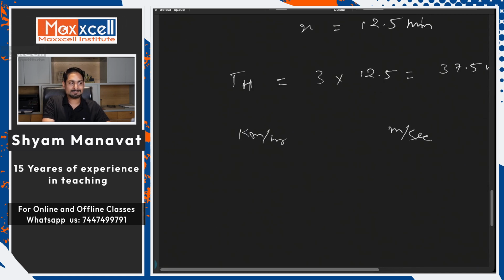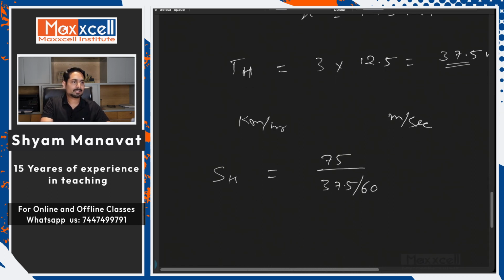So if distance is given in kilometers, that is 75, I will convert the time, 37.5 minutes, into hours by dividing by 60, because 1 hour is 60 minutes. The formula is speed equal to distance upon time. Now I am just doing calculation, so the denominator will go into the numerator.